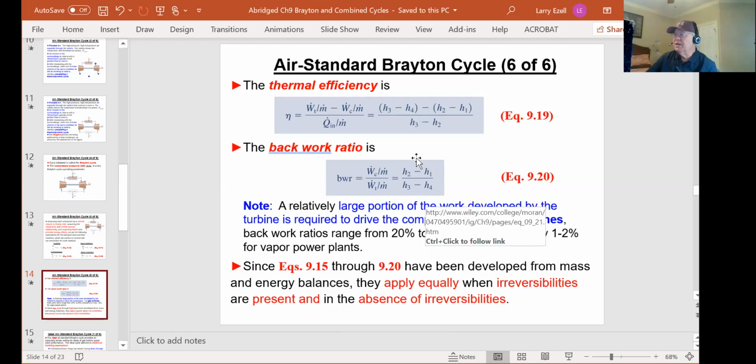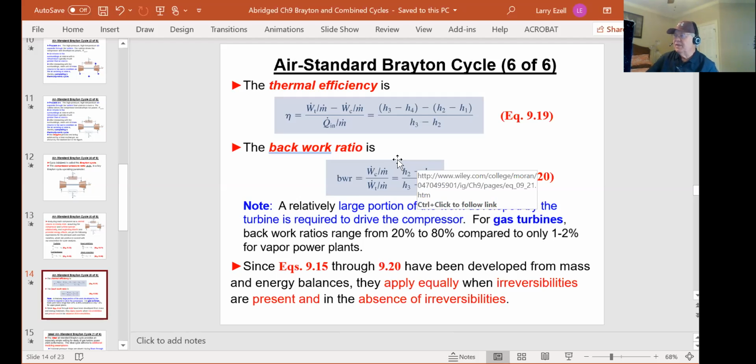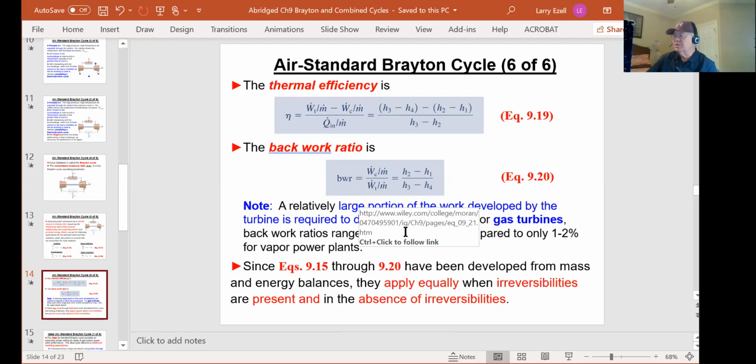What that means is, if I give you a Brayton cycle and I specify the end points, enough for you to get the properties at all the states, and you have enough that you can look up the enthalpies in the tables, then you get the actual work.